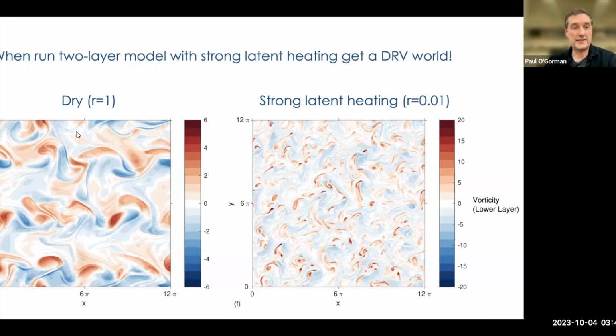And what you see is you have waves and maybe vortices in this dry limit. But when we go to the strong latent heating regime, we actually get what we might call a DRV world, in the same sense that people have dubbed tropical cyclone simulations on an f-plane a tropical cyclone world. This seems to be a DRV world. So we get these much smaller vortices.